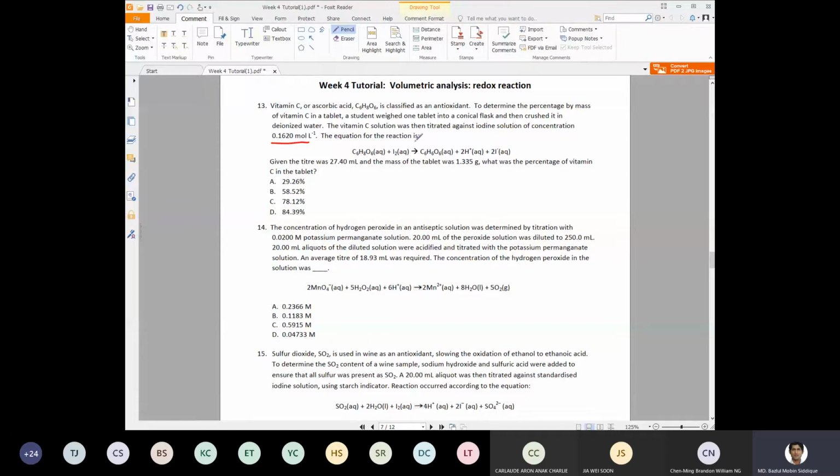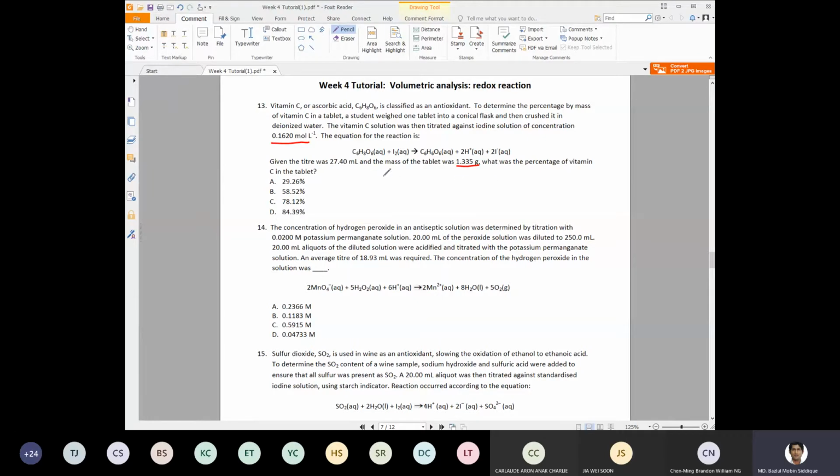The equation for the reaction goes in this way. Given the titer was 27.4 milliliters and the mass of the tablet was 1.335 gram, what is the percentage of vitamin C in the tablet?